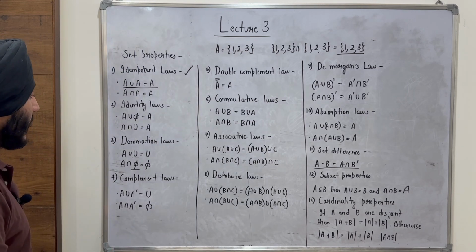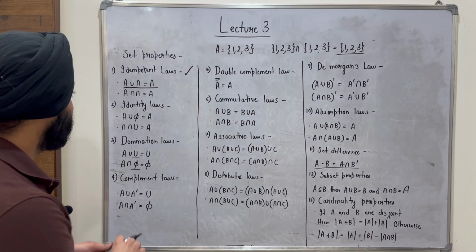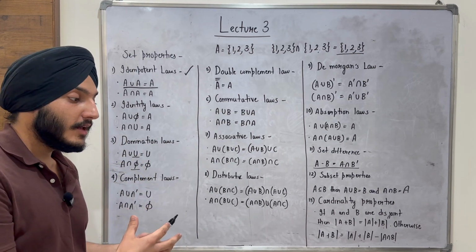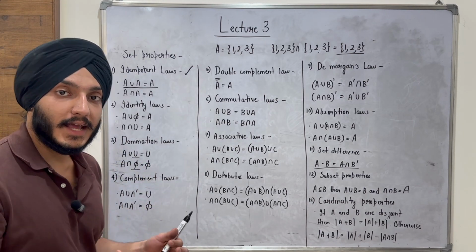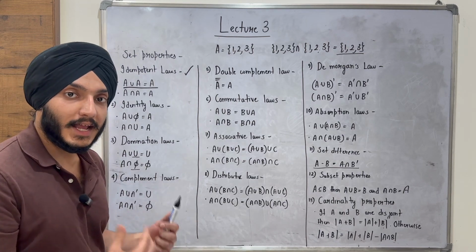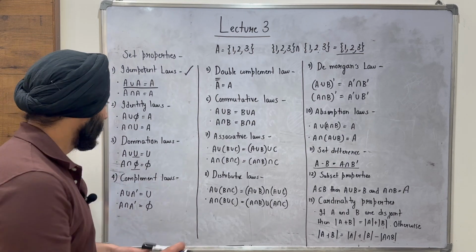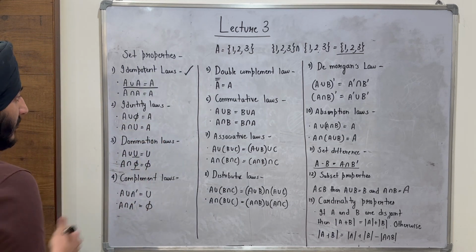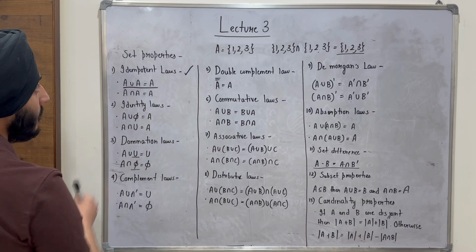Okay. Identity laws. Let's try to understand what the name suggests. Identity kind of means that A in this case is trying to maintain its property, or its identity. So if we take a look at it, A union the empty set. This represents the empty set, right?